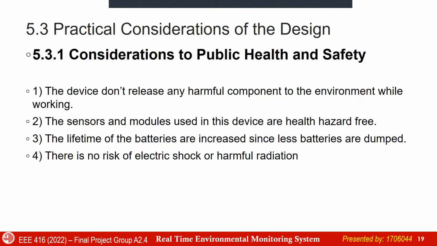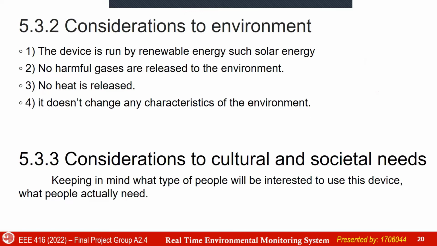Our design is good for public health as it is health hazard free, risk free, and doesn't release any harmful component in the environment. We can also consider it for the environment as it is run by renewable energy such as solar energy. It also has cultural and social needs too.